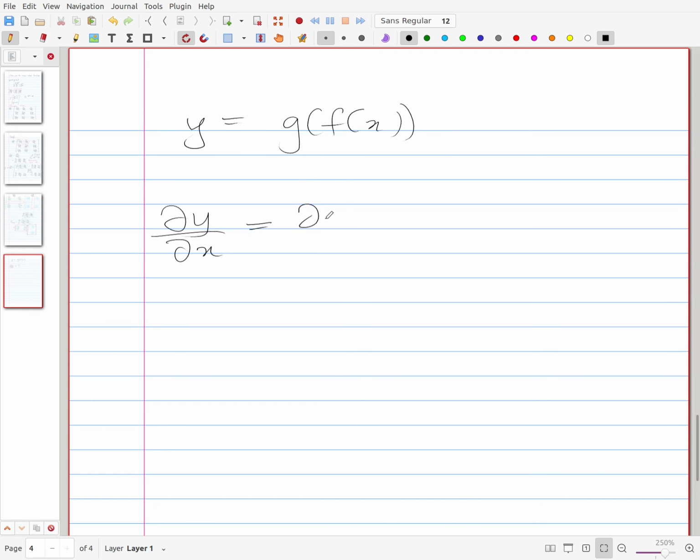So the Jacobian of G with respect to F times, or matrix product, the Jacobian of F with respect to X. And this is a generalization of the chain rule for scalar valued functions.